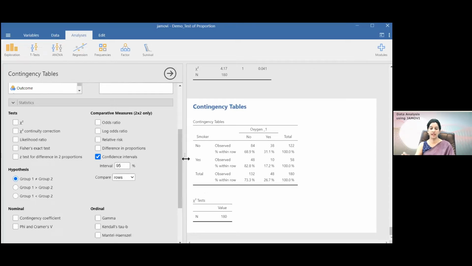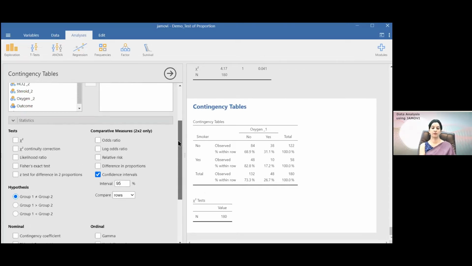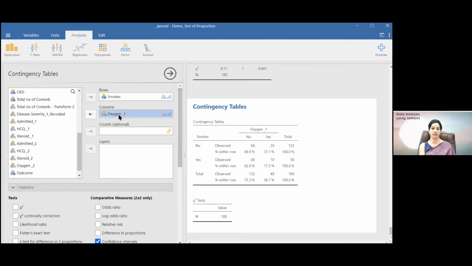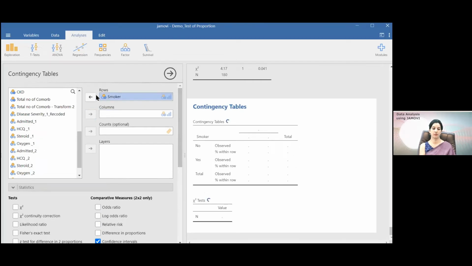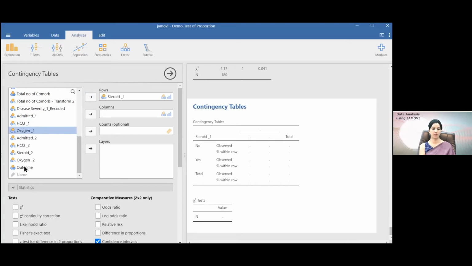So in that case, what I'll do, I will shift this to, so this was the steroid. So in row, I'll move this steroid, and outcome I have moved here to the column.